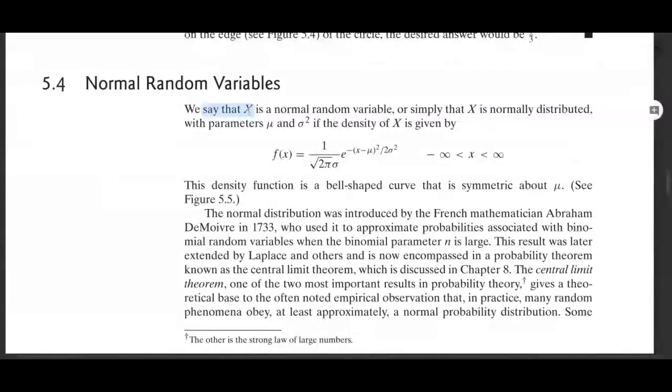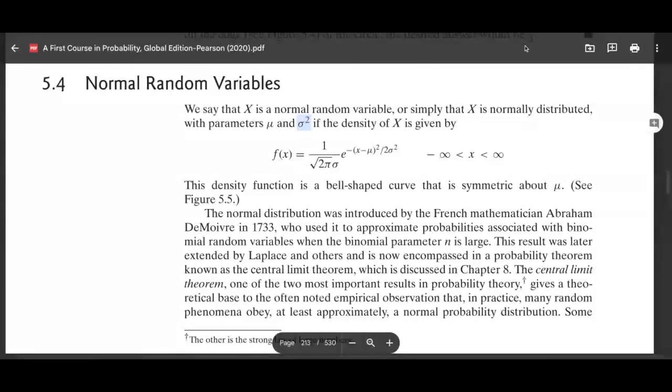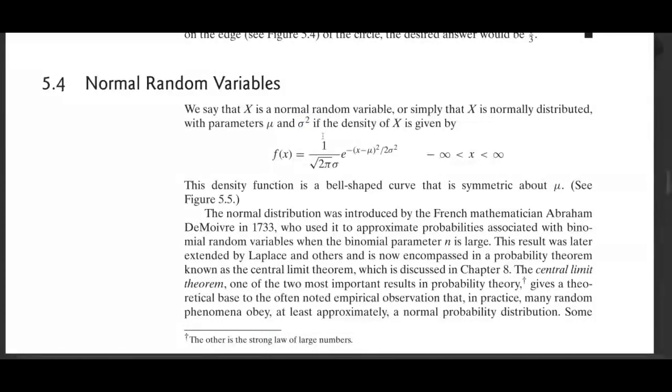So normal variable, we say X is a normal random variable, or simply X is normally distributed with parameters mu and sigma squared, if the density of X is given by 1 over square root of 2 pi sigma, e to the negative (x minus mu) squared over 2 sigma squared.